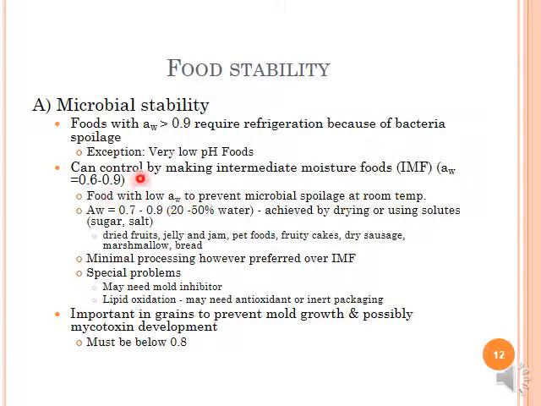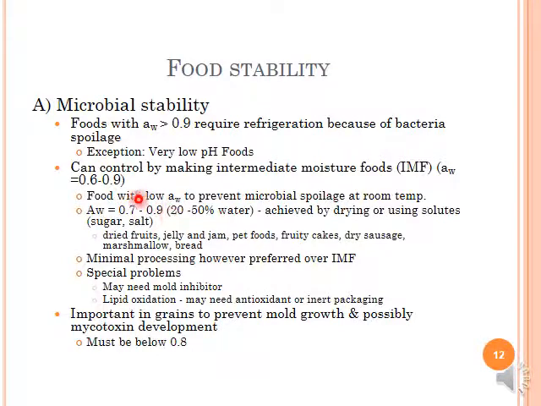Food with low water activity, less than 0.6, will prevent microbial spoilage even at room temperature. So that's why you don't put biscuit in the fridge. You put it in a container, good enough, so that it won't become soggy due to moisture migration from the surrounding.